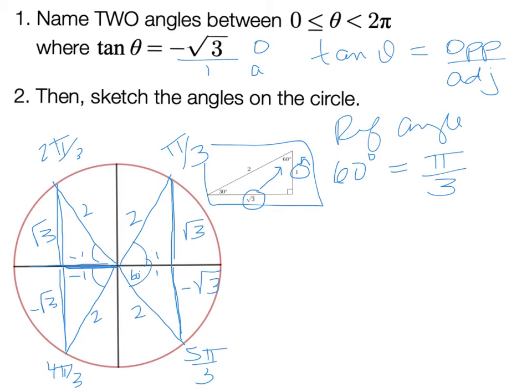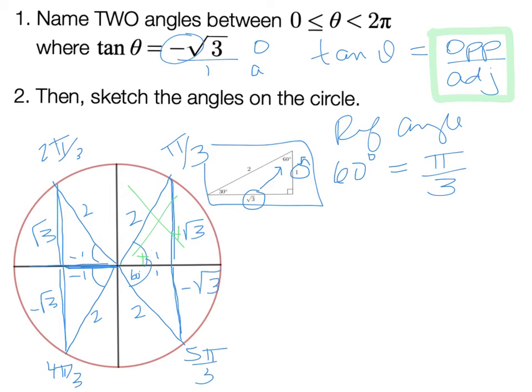So now we have to find out which of these angles is going to give a negative root 3 over 1. So let's look at the signs of all of these numbers. Remember, tangent is opposite over adjacent, so we have to look at the opposite over the adjacent. Here, this is a positive root 3 and a positive 1, so it cannot be quadrant 1.